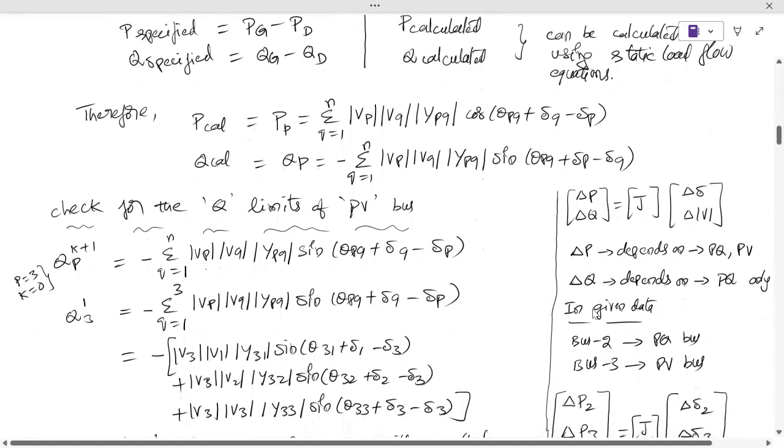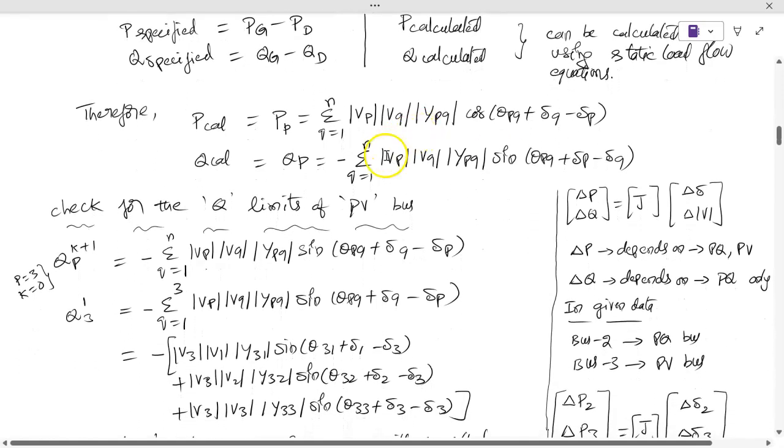Similarly, the same equation comes for the reactive power, but here a minus symbol is added, and in place of cos we get sin.